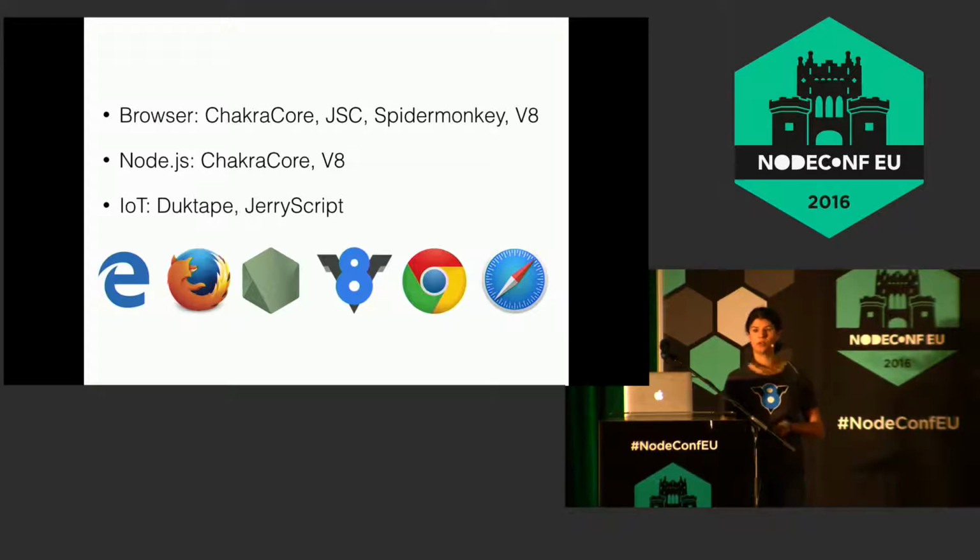And then Node.js, you can build Node.js running Chakra Core as its engine, or your default Node.js installation comes with V8. So these four engines, they optimize for performance. They're pretty big, heavy engines. If you work on IoT and you are very constrained for memory and size, you might want to trade performance for memory and work with an engine like Duktape or JerryScript.